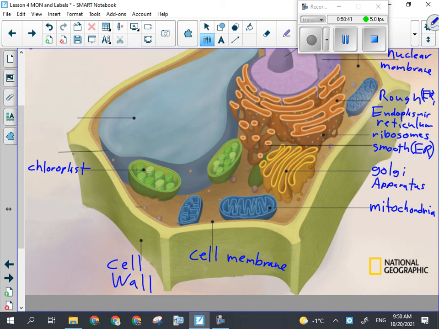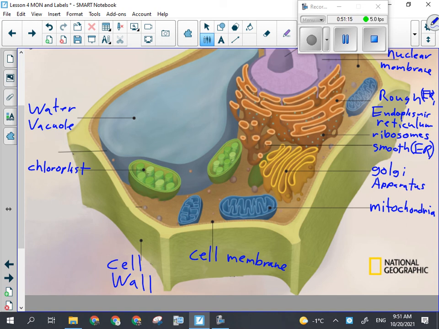All right, the big blue thing up here, and I know I've skipped this line, but I'll come back to it. The big blue thing up here is the water vacuole. It also supports the cell and keeps its shape. It just does it from the inside, where the cell wall does it from the outside. To do that, it uses turgor pressure, which is the pressure of water pushing against the inside of the cell.